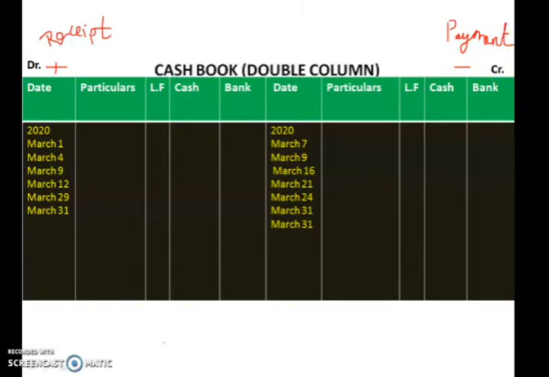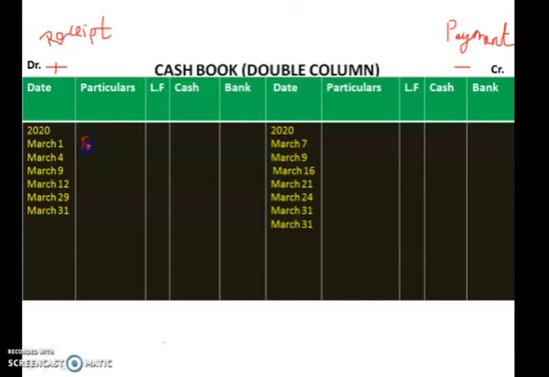Now, what was your first transaction? Cash in hand as well as cash at bank. Here you have to write March 1, because cash in hand means cash increases, isn't it? Last year's balance you are bringing down.